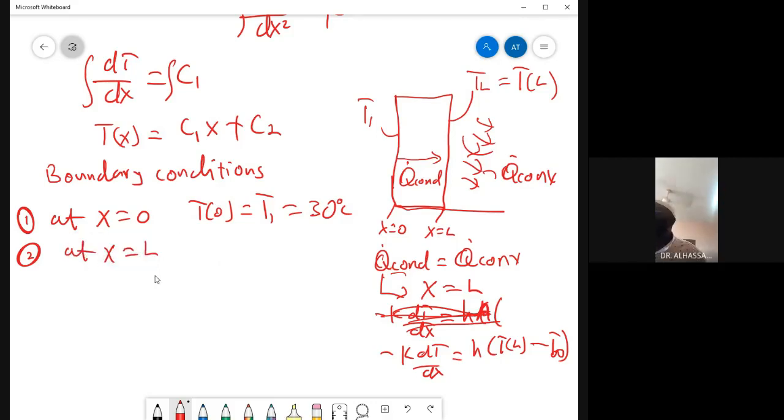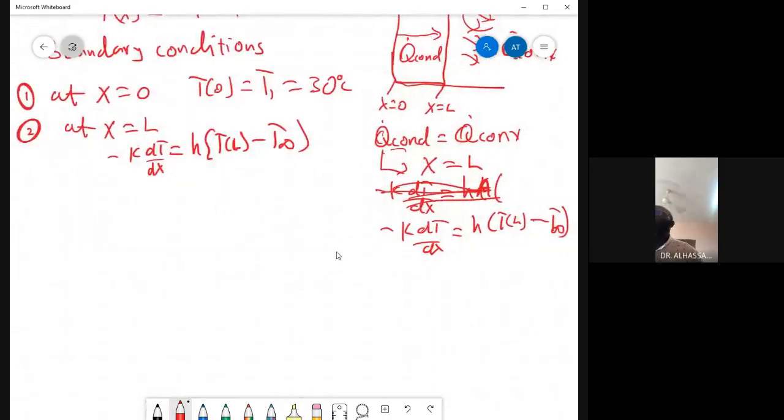Let me try again. Now this should be equal to h times the bracket TL minus T infinity. Now these are the primary boundary conditions.